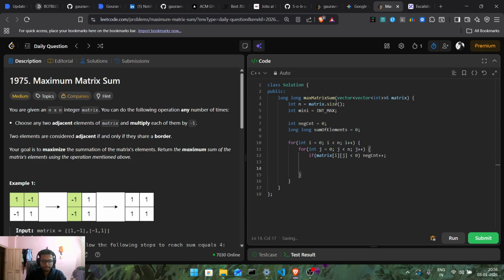Then we add the absolute value of each matrix element to the sum of elements variable. Remember, it's the absolute value.